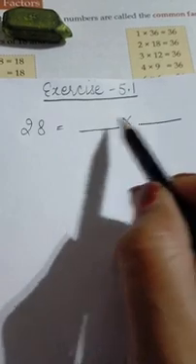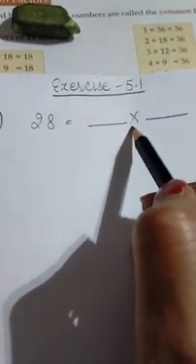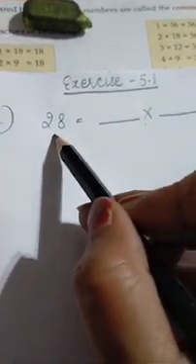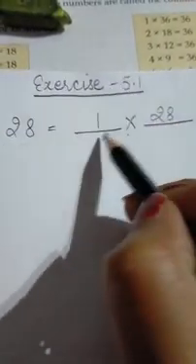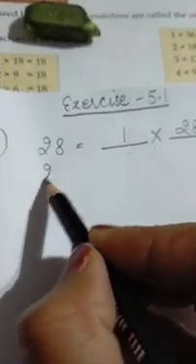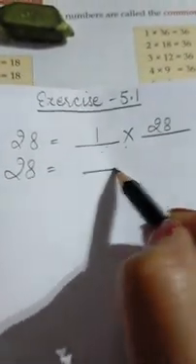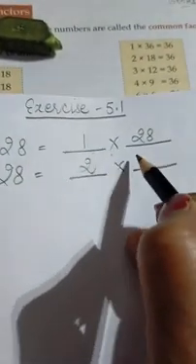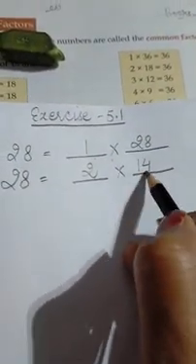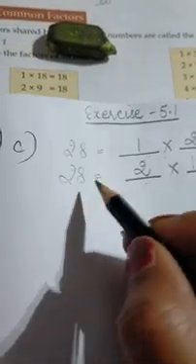How can 28 be written? We have to find out two numbers which, when multiplied, give 28. Here it is like this: 28 ones are 28. Then one more pair: 2 multiplied by 14, 14 twos are 28.